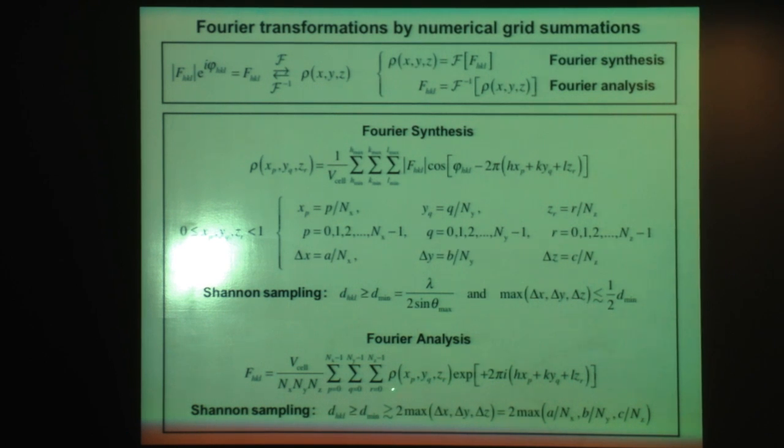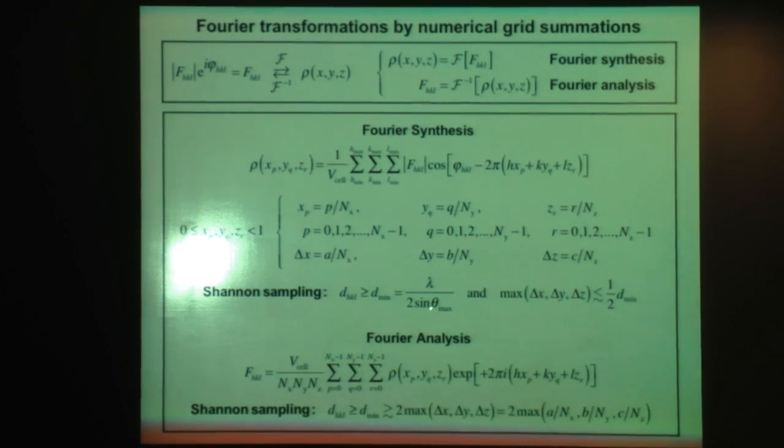On the other way around, if we're concerned with calculating the structure factors from a given density that's calculated in this way and follows the Shannon criterion, then we consider d spacings, d_hkl, larger than whatever that minimum was, determined by the maximum Bragg angle that we could measure. And that needs to exceed twice the maximum of the delta x, delta y, or delta z.